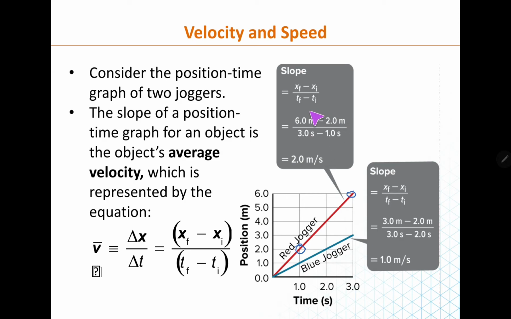So the final result for this equation is equal to 2 meter per second, and this is the velocity for the red jogger. And now to calculate the velocity for the blue jogger, we will do the same.